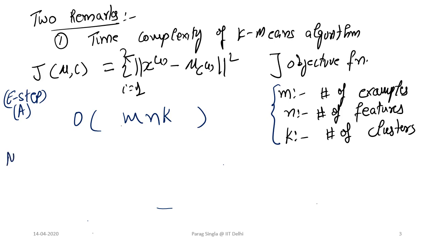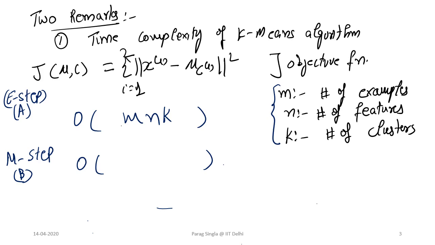Okay, good. Now let us look at the M step complexity, which is the B step, where we want to compute the mu's given the c's. Now we want to compute the centroids for each of the clusters. So let us focus on the computation of one centroid, and then we'll sum up over all the clusters.